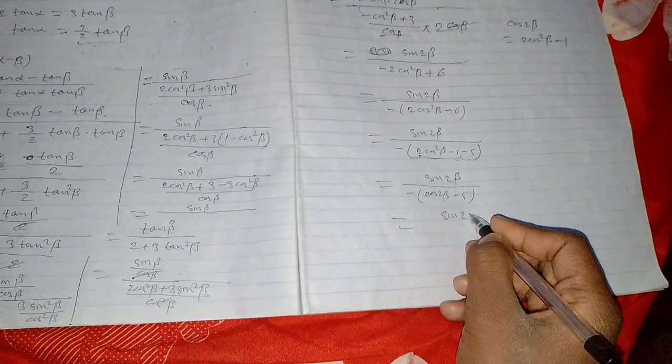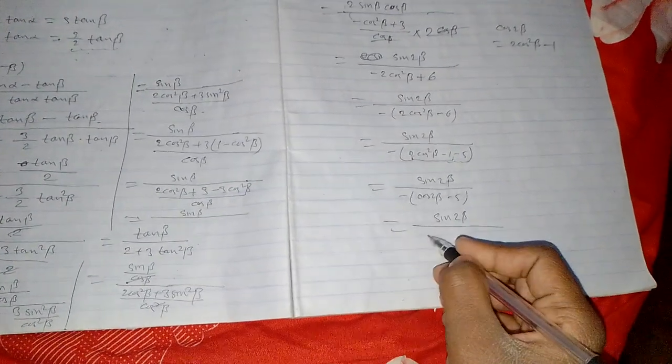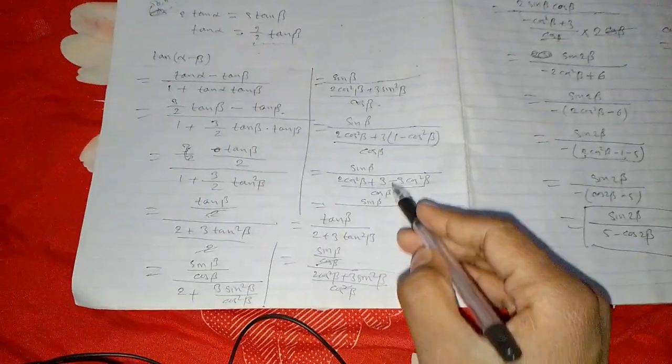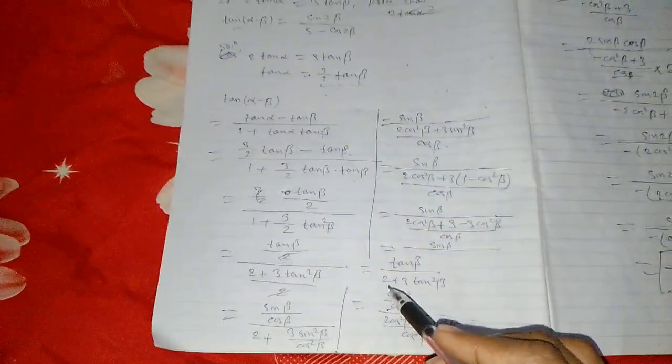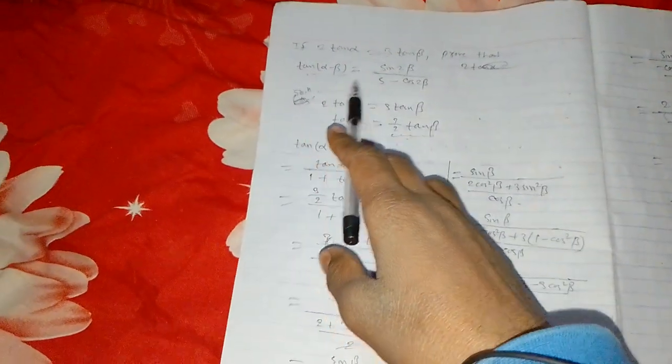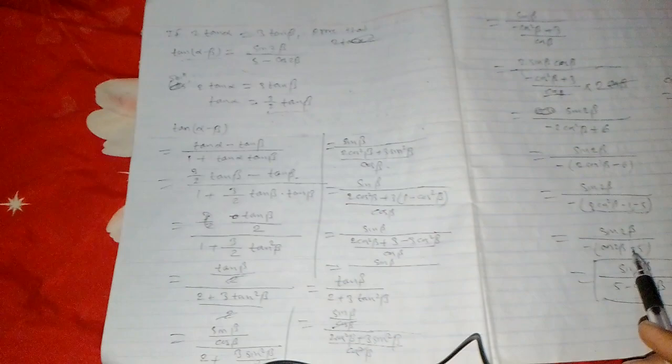If you distribute the minus sign into this, then it becomes sine 2 beta divided by 5 minus cosine 2 beta. And we have proven it here. It's a 2-page long problem, I guess more than 2 pages, because we did some stuff here. So we have proven that this thing is this thing.